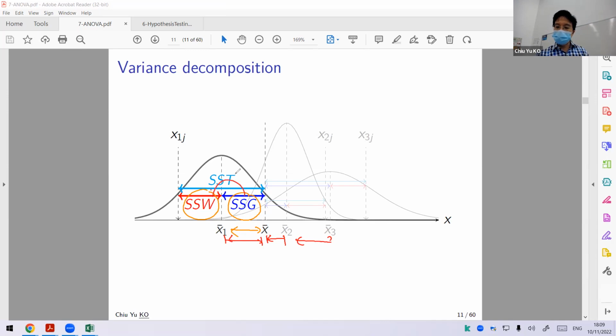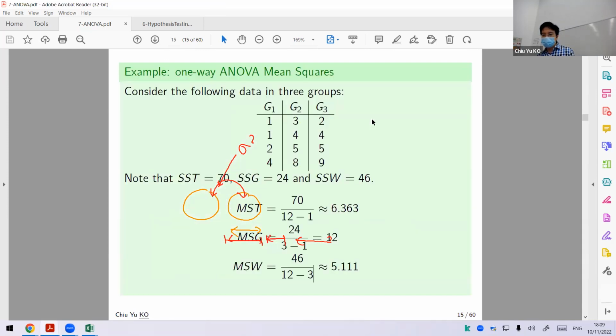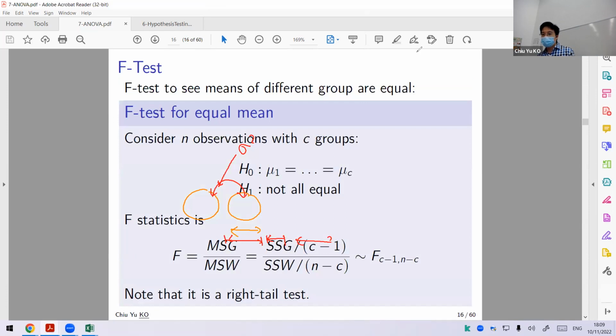You compare these two measurements, the variance measured from this one should be less than this one, right? So that's why the measurements are MSG and MSW, and that is why the F.TEST is comparing MSG and MSW.